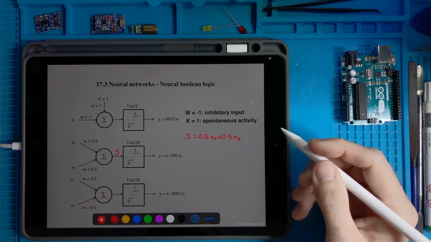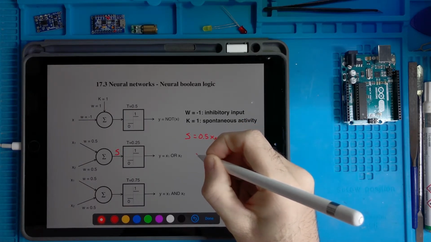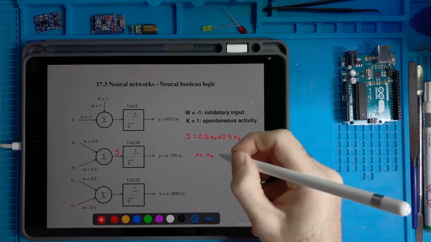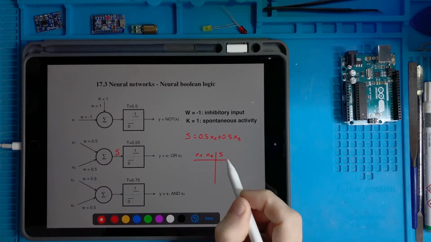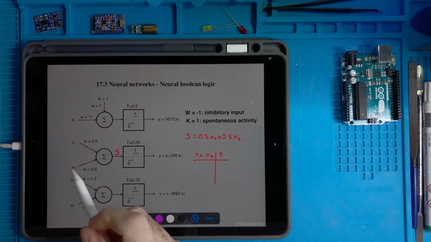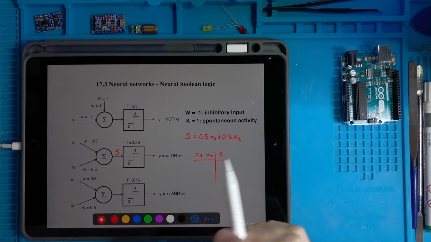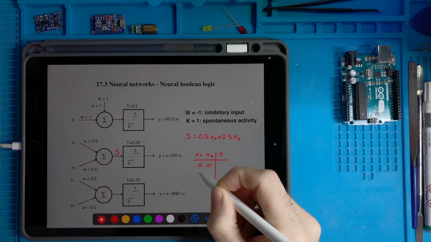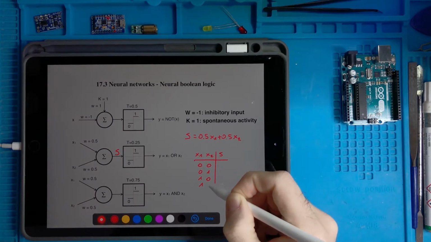Okay, so then we have to write all possible cases. So let's say x1, x2, and let's put a column for s. We have to remember that the inputs are binary: the spike is there or it's not there. So we have 4 possibilities like this.